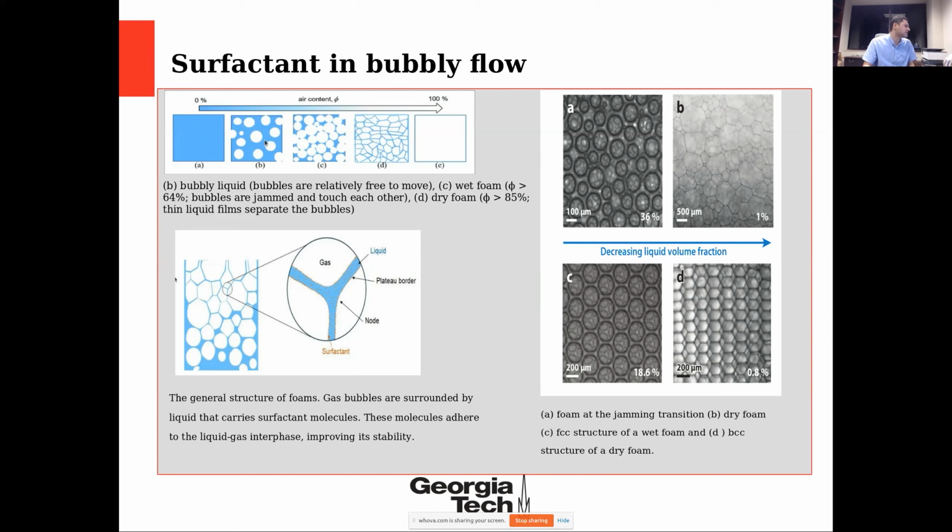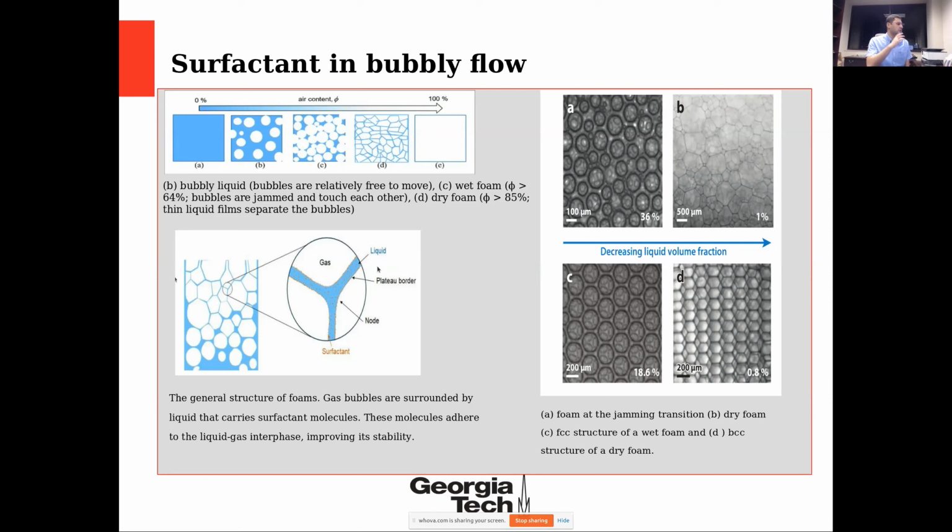In bubbly fluid, bubbles interact, but not that much. If the air content increases, that will be wet foam. Still, the meniscus is considerable. If the meniscus gets narrower and narrower, it will be dry foam, and if the meniscus disappears, it will be just single phase air. The point that we continue with is surfactant.